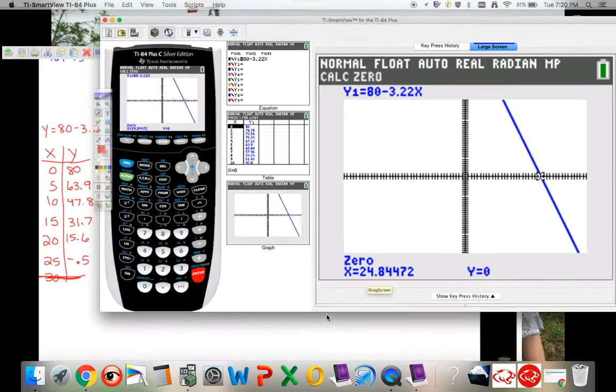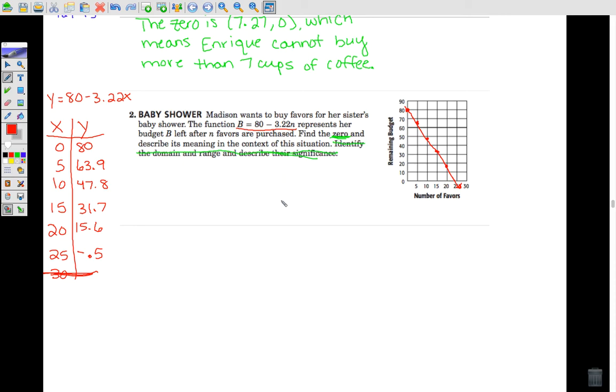Okay, so I'm going to go back over here, and we're going to write this out in a nice little sentence. So the 0 is 24.8, comma 0.